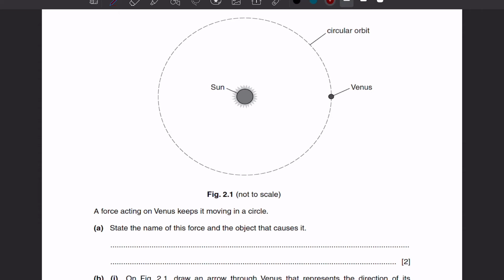So it's the gravitational force, providing centripetal force, exerted by the Sun.